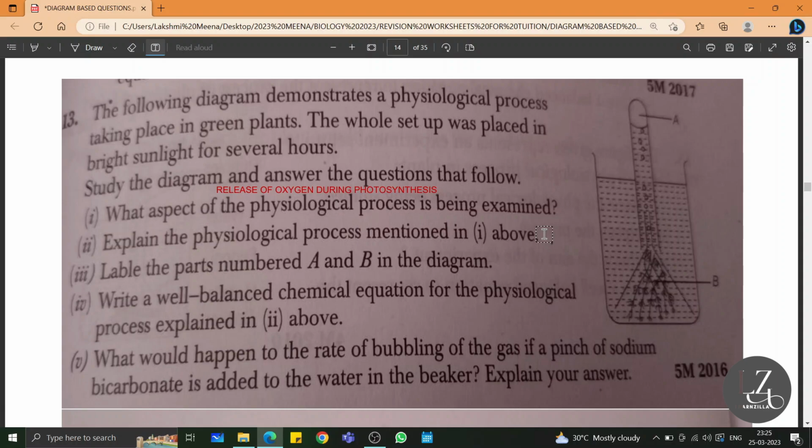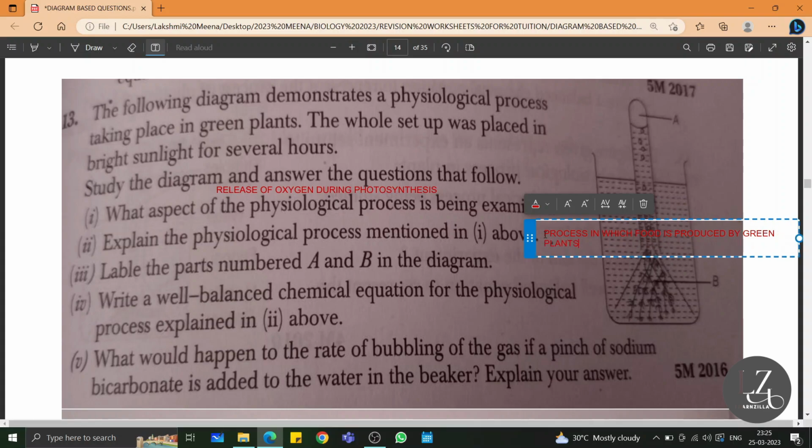So: process in which food is produced by green plants with carbon dioxide and water in the presence of chlorophyll and sunlight.